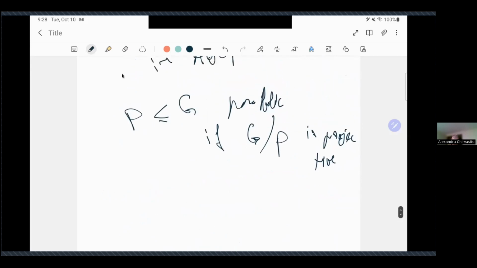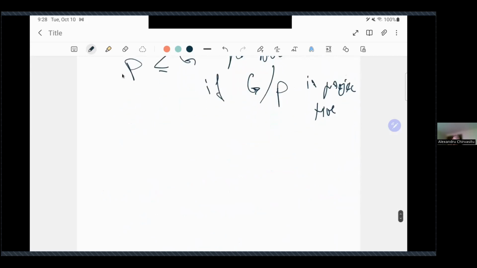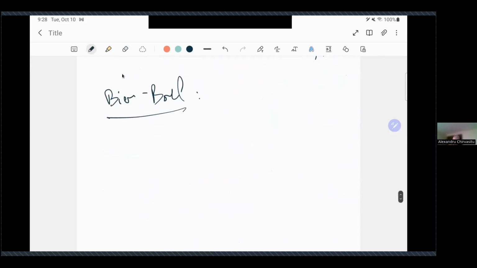So, right, this follows from Bien and Borel. What Bien and Borel did was the following. I keep uttering this word, characterize.